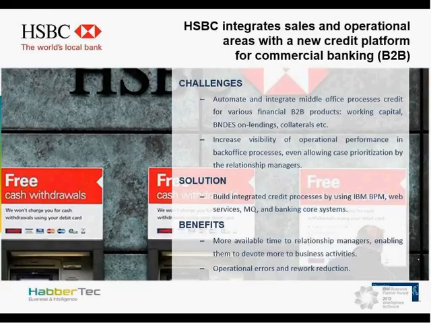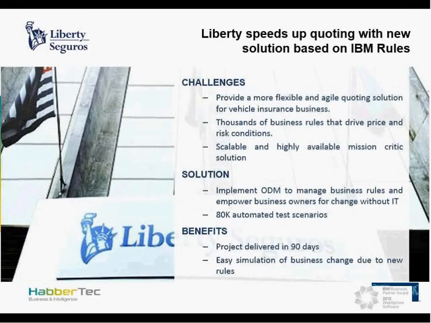So the idea is that they can produce more and more business for the bank while they reduce operational errors and work. The sponsor of this project was operations, but we also saw a lot of benefits for the sales guys, the relationship managers.